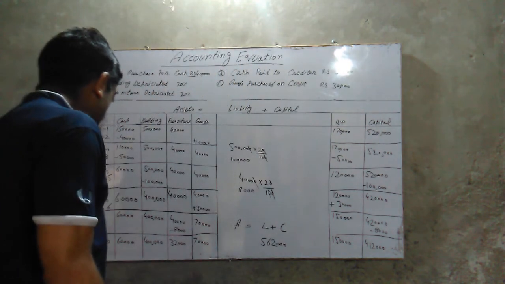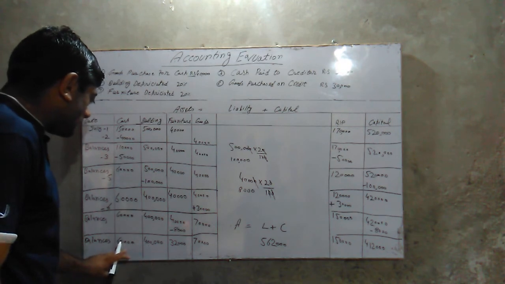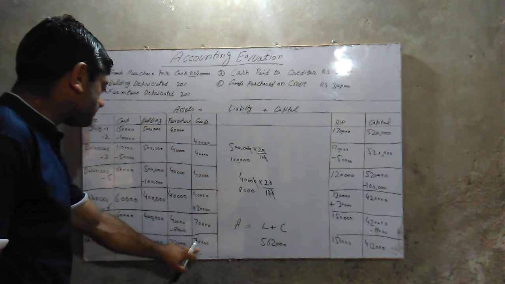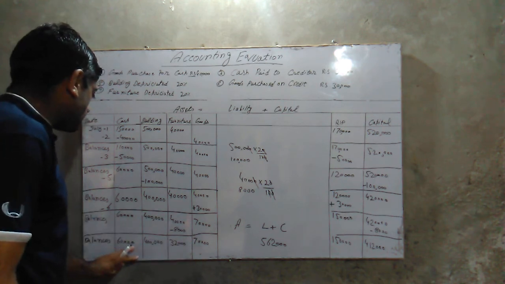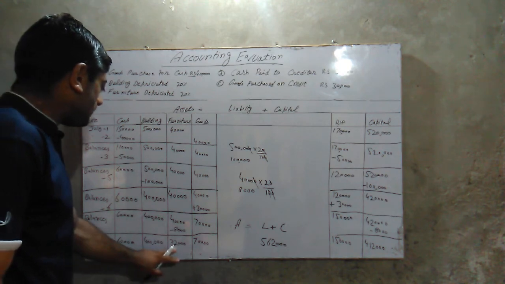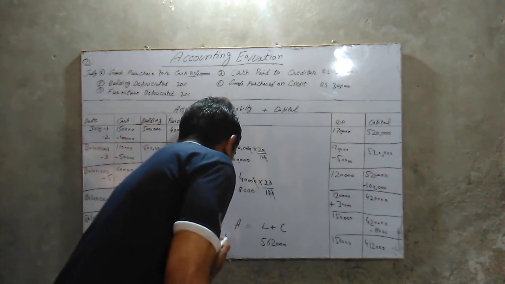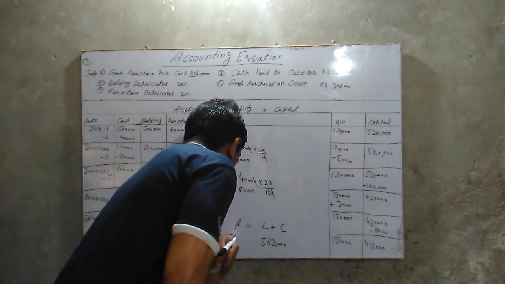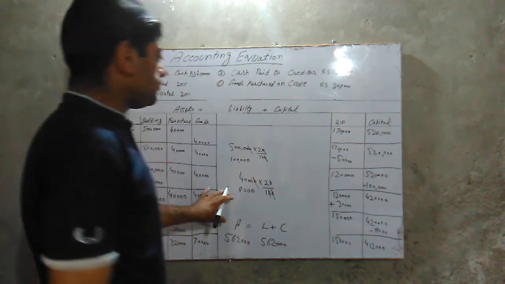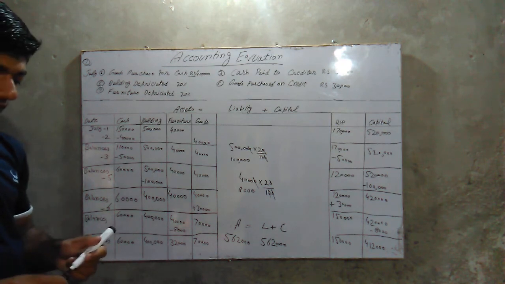Now this side 4 lakh, 4,70,000, 5,30,000 and 5,60,000 and 62,000. 5 lakh 62,000. So it proves asset is equal to liability plus capital.